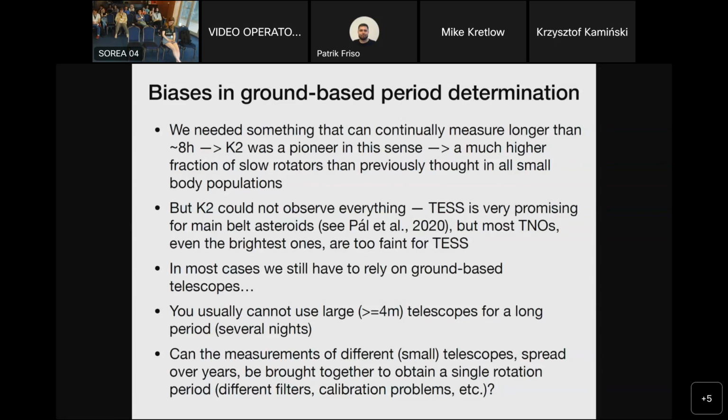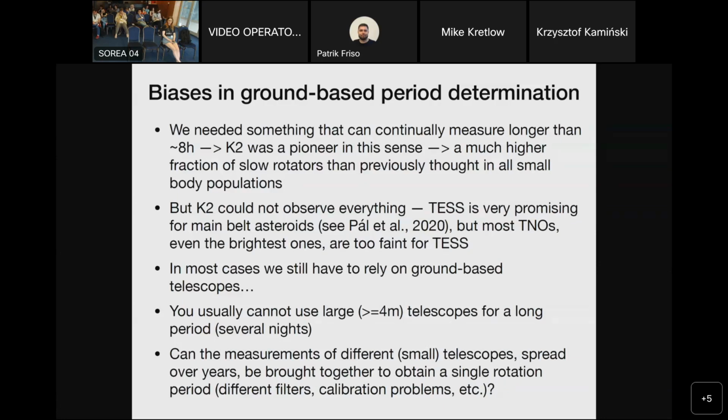The problem with this is that you cannot ask for observing time on, say, a 4-meter telescope, a very large telescope, for weeks. You just want to observe the same trans-Neptunian object for weeks with the same large telescope. It's simply impossible. So what you can do is use many small telescopes and more or less sporadically measure rotation periods, if the rotation periods are not very short.